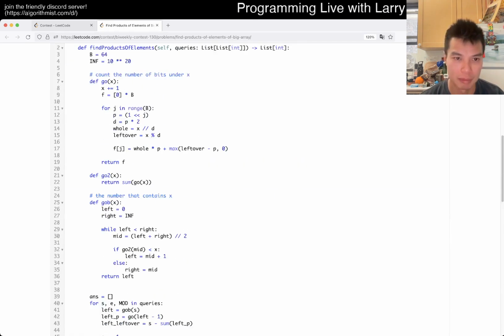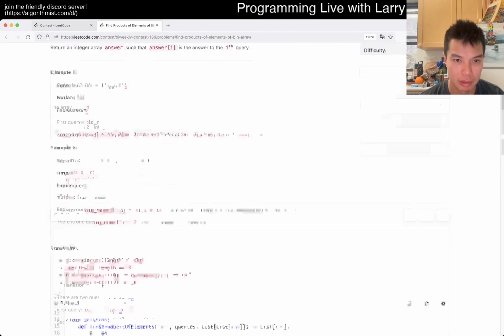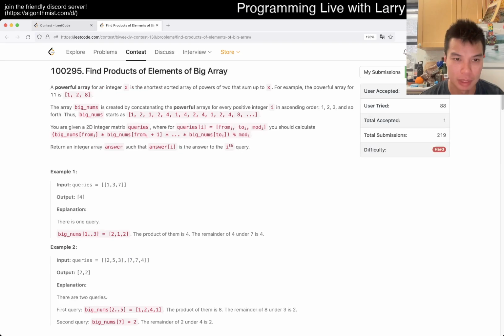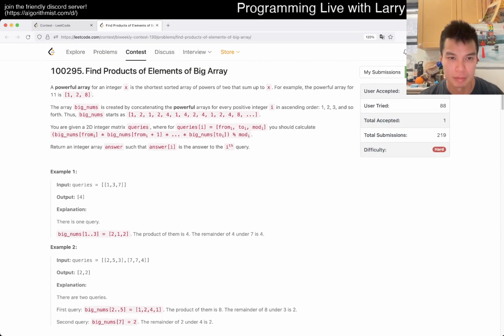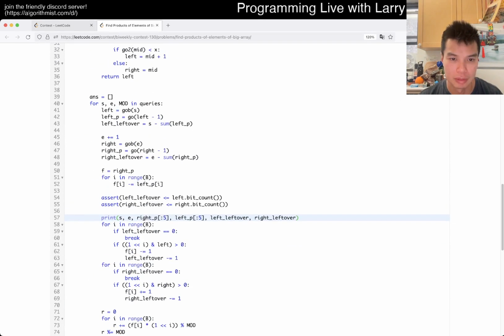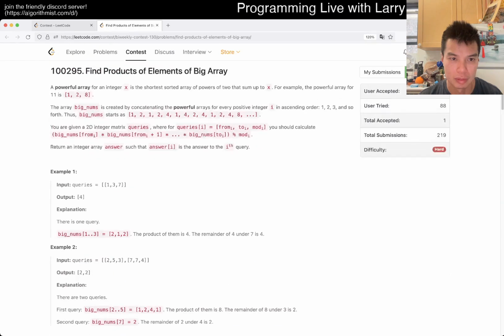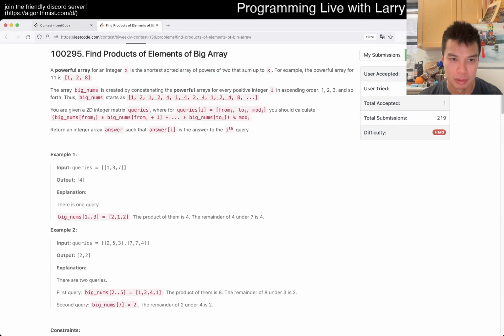I'm going to click on submit by accident at some point. 1 and 2. Oh, so left takeover is the wrong one, because we want 2, but then we want one of the first number, which is true. Then one of the first number is this one.